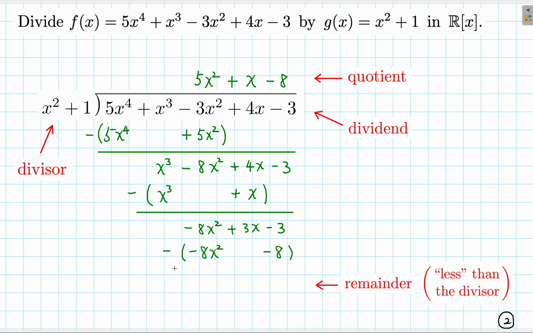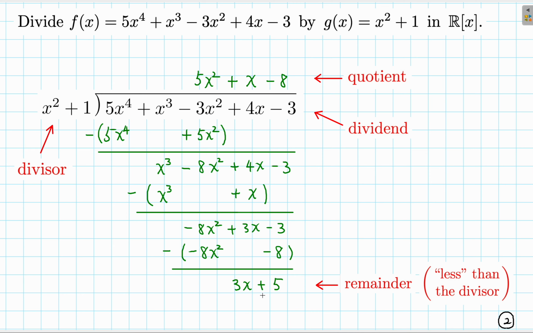Horizontal line. And then upon subtraction, the leading terms cancel, and we have 3x. And then we have negative 3 minus negative 8. So that would be negative 3 plus 8 or plus 5.